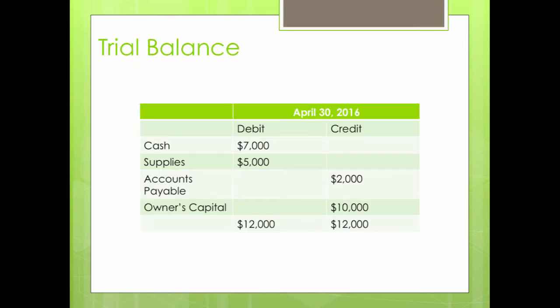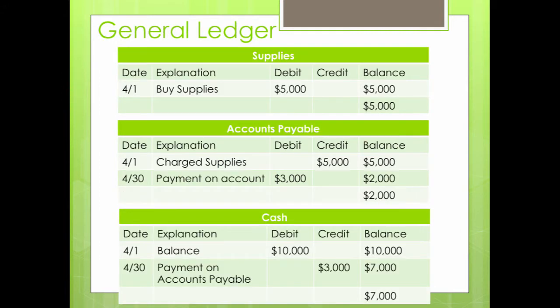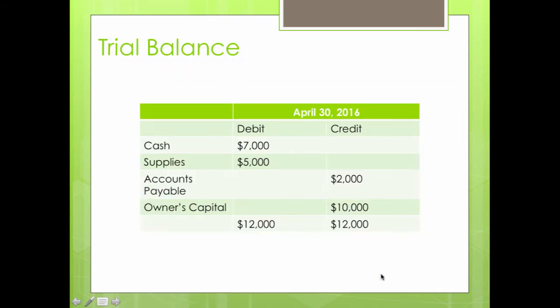Now you're going to be checking to see if you're doing everything right by doing a trial balance. And remember, a trial balance is just taking the balances on each of these accounts on the ledger and putting them all under one table for easy viewing and access. We have cash, supplies, and accounts payable.